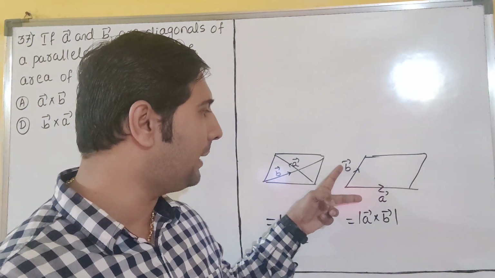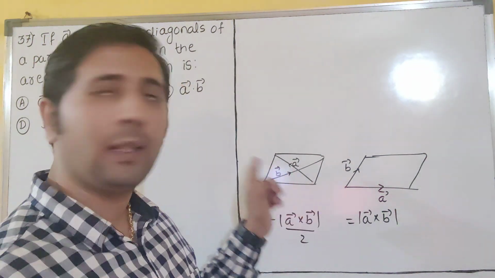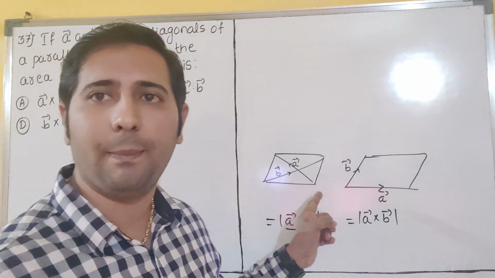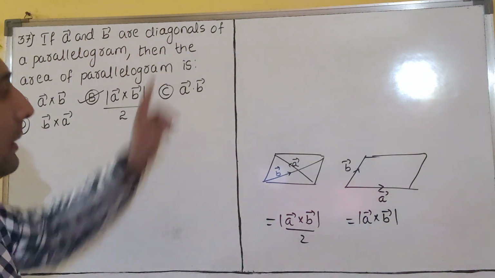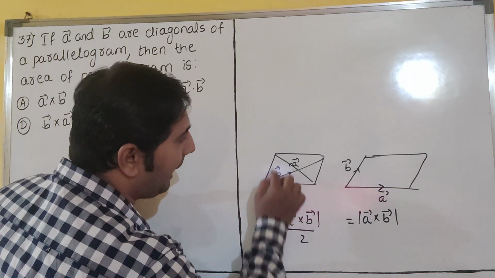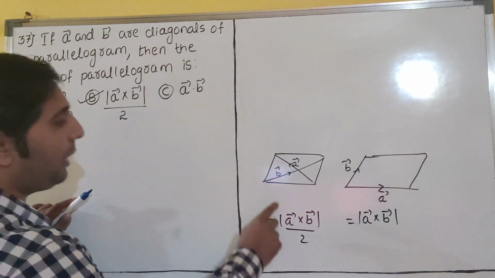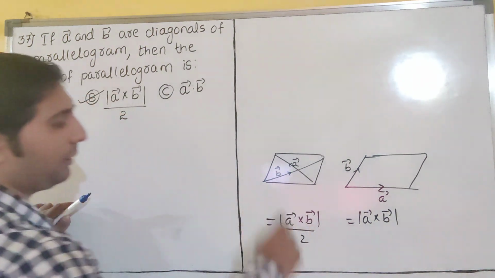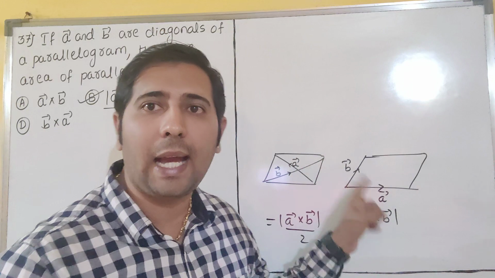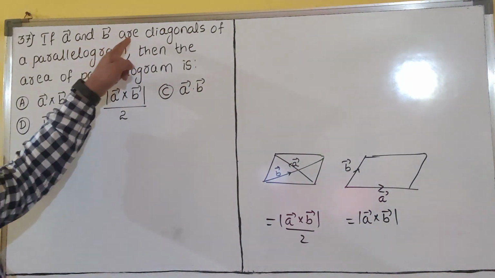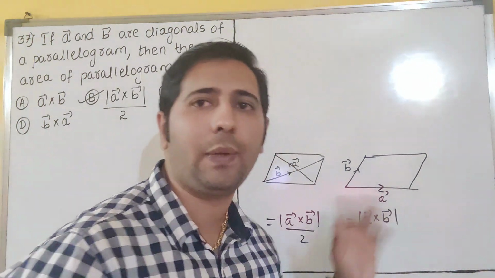Here they are saying vector A and vector B are diagonals. Then the area of the parallelogram will become this. If adjacent sides had been given, then we get magnitude of A cross B.